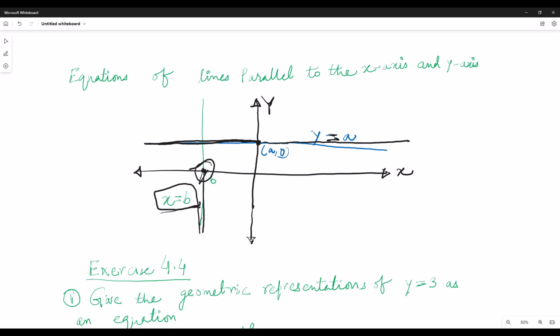So for a line that is parallel to the y-axis, the value of x will not change, because the value of x is fixed. So y equals a or x equals b are the lines that are parallel to the x and y axis.